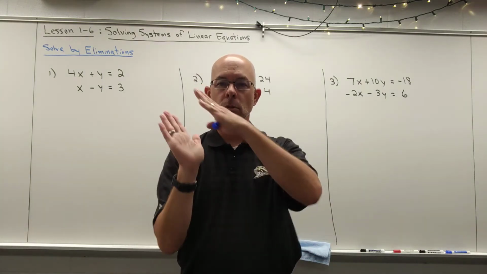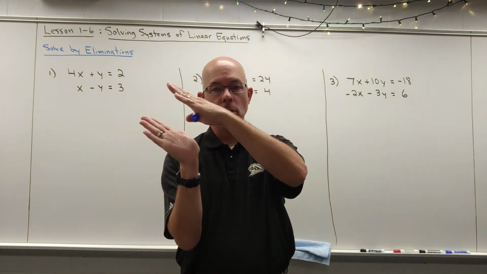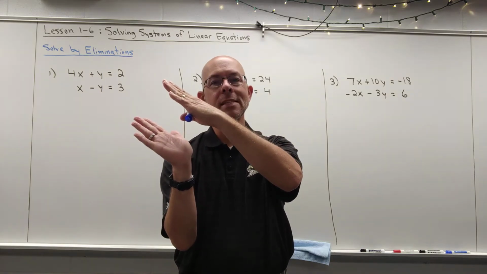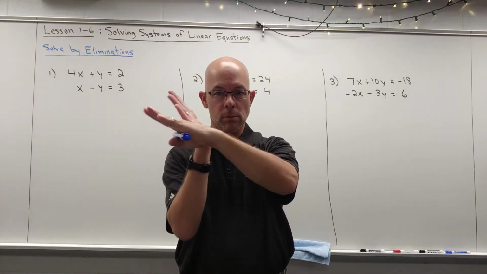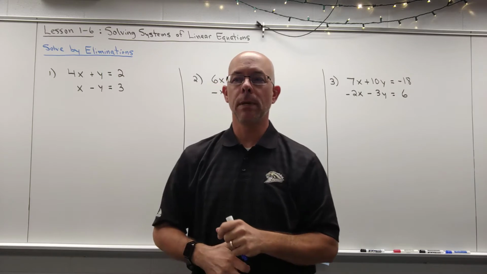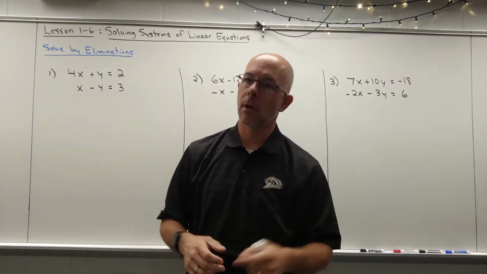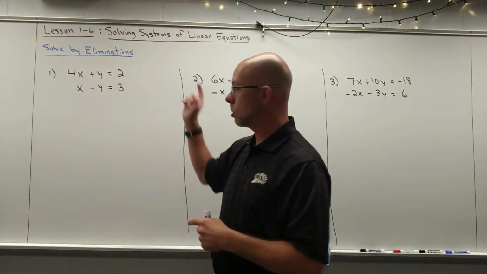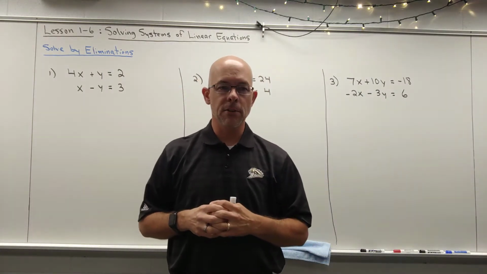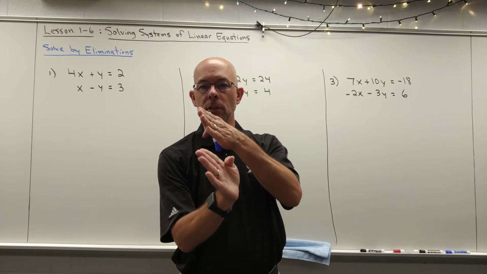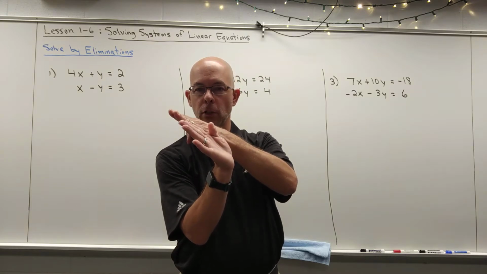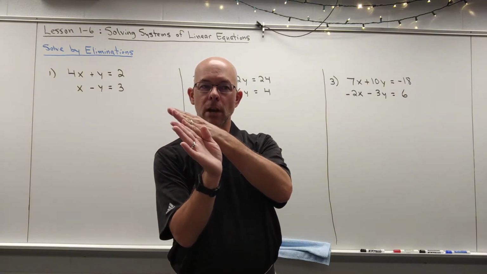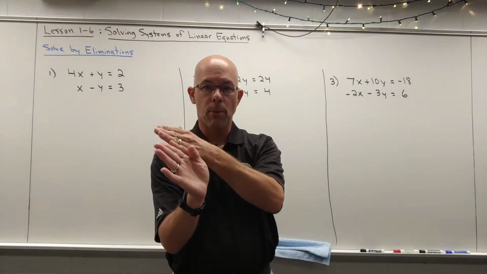Option 2 is the two lines are parallel and never cross each other at all, which means they have nothing in common in terms of points, and that answer would be no solution. That'll come up later. And then you have the situation where the two equations may look slightly different to each other, but if they were graphed, the two lines would fall right on top of each other, which means they're sharing every single point.